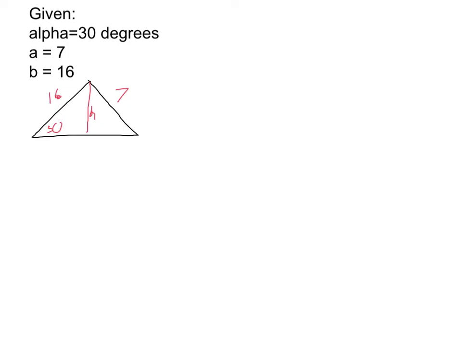And if we remember, to find the height, we did the sine of 30 is equal to h over 16, because we've made a right triangle here in the middle now. And so 16 times the sine of 30 would be my height. If you know your trigonometry, you should know that that's 8 for the height.